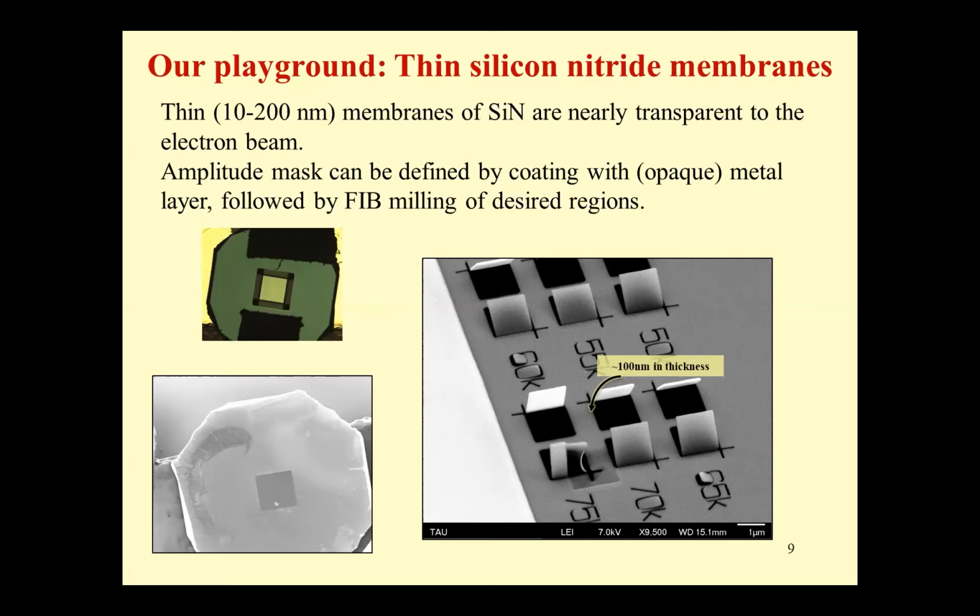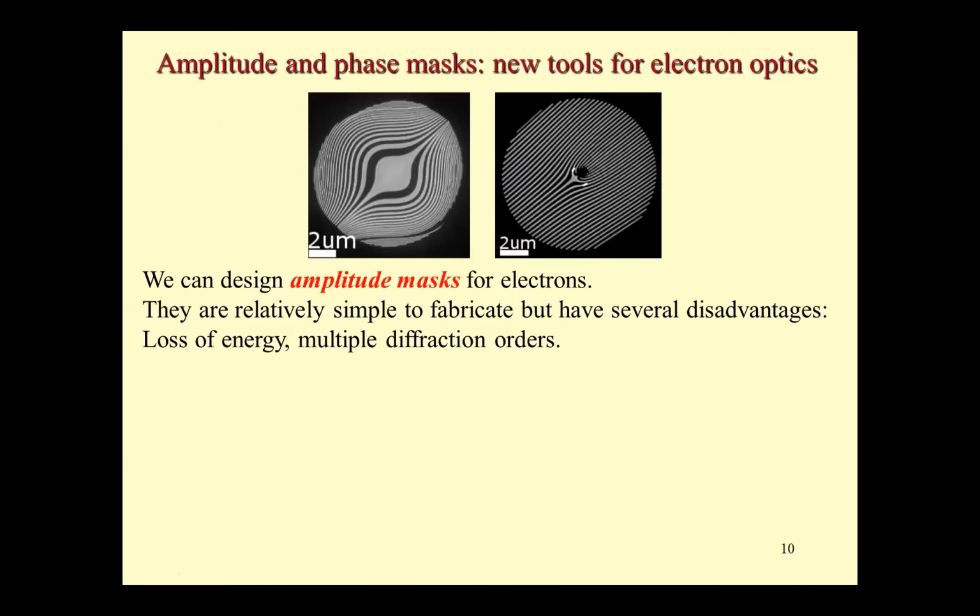And the shaping itself is done by nanotechnology fabrication tools. We use a focused ion beam to achieve this shaping. So here I show you how to make an amplitude mask. Essentially, this is the same membrane, or part of it, that I showed you before.